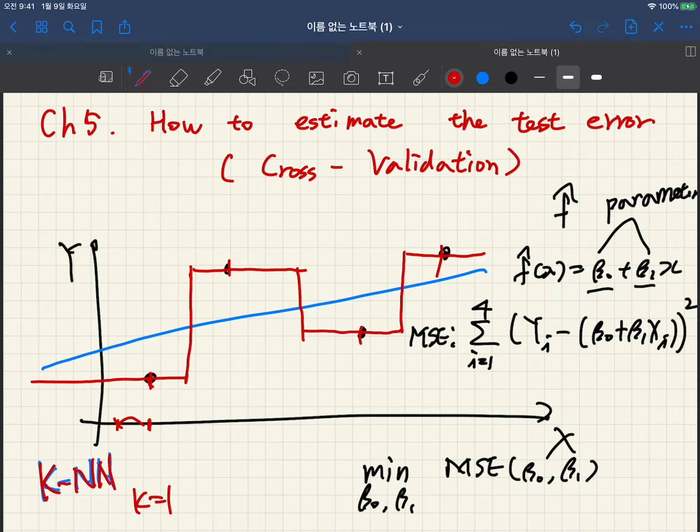And another side remark for this approach is when k equal to 1, the training error is always 0 because we follow the nearest neighbor, and at the training data point, the nearest neighbor is itself, so the point just follows the corresponding output y. So there is no mistake at all for training data points. Right. Okay.